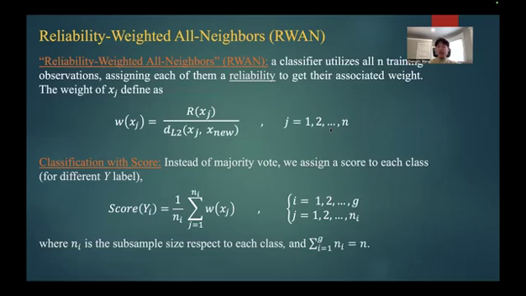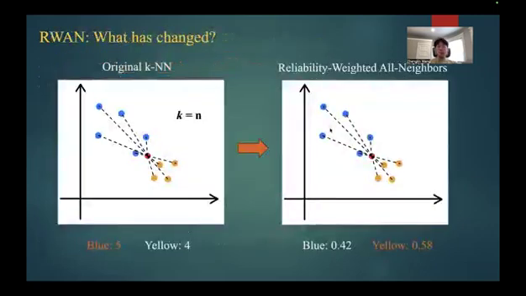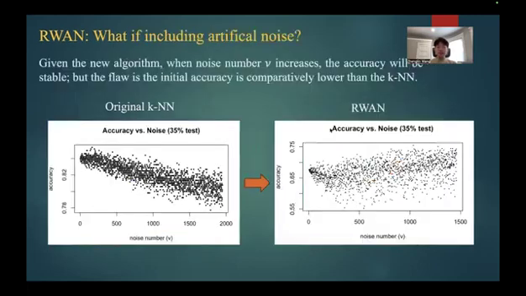That would definitely be a very reasonable classification method. So what's changed? For the original k-NN, in this example, it will classify as blue. But for RWAN, it will classify as yellow, which does make sense because the red point is close to the entity of the yellow points.